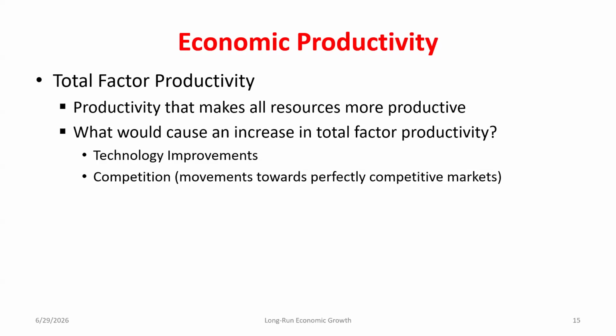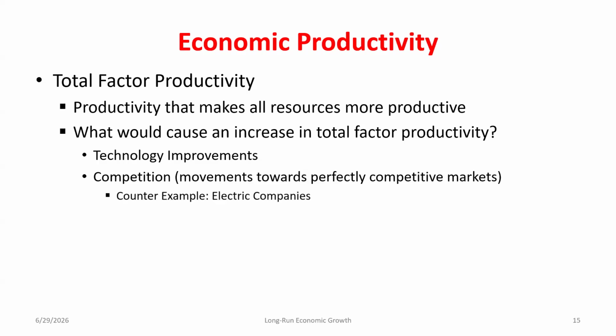So increases in competition make our companies, and also our employees, want to work even harder than before, because they know if they don't, they might lose their job or people are going to buy from other companies. So as we move towards a perfectly competitive market or see increases in competition, that generally increases our total factor productivity. The same amount of capital and labor produces higher output than before.